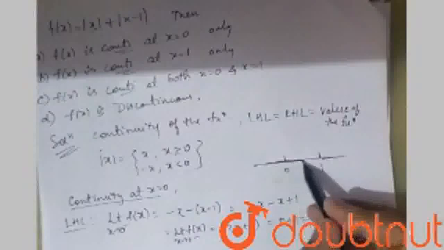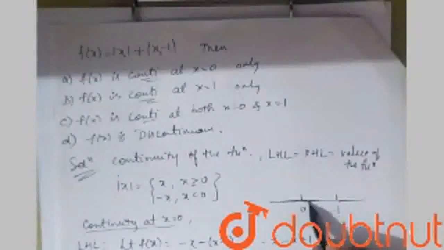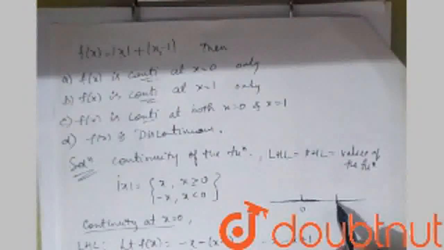But mod of x minus 1 is negative, because it is positive only when x is greater than 1, and 0 plus is a very small quantity, still less than 1. So this becomes x minus x plus 1. Minus x and plus x cancel, and we end up with 1. So LHL is 1 and RHL is also 1.